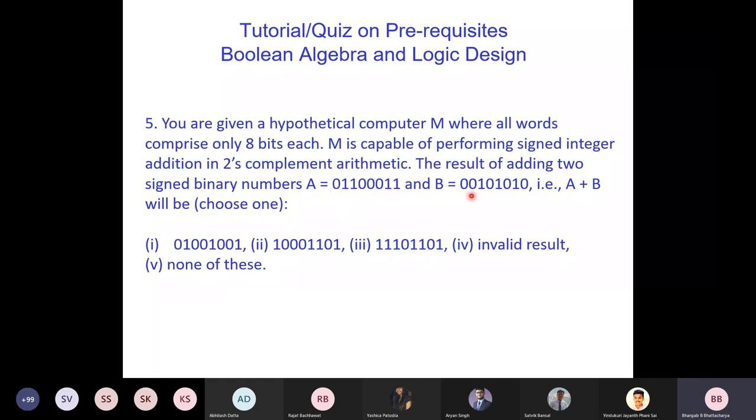Similarly, for B the most significant bit is 0, so this is a positive number. I am adding 2 positive numbers, so the answer is expected to be positive. However, when I add these 2 numbers, I get this one. The leftmost bit is 1 here, so it signifies a negative number. That cannot be true, so it must be an invalid result. There is an overflow, right?